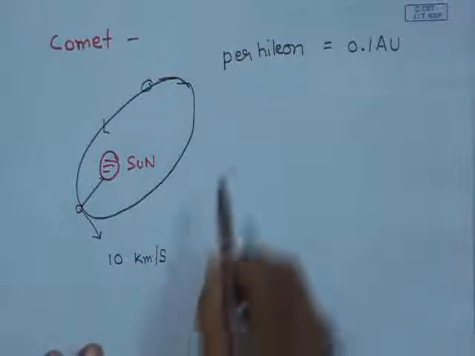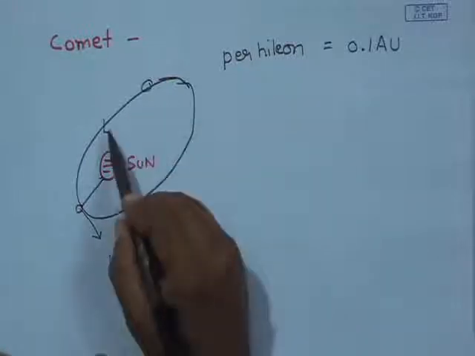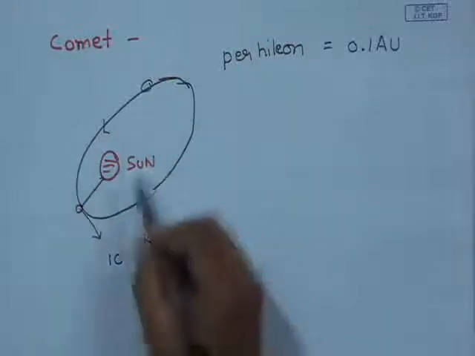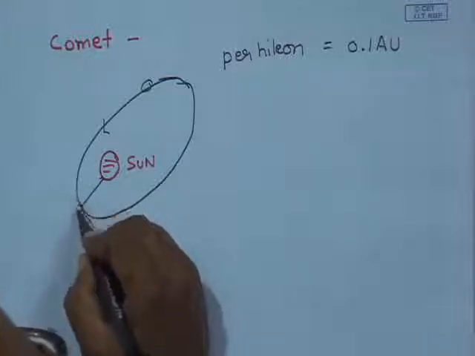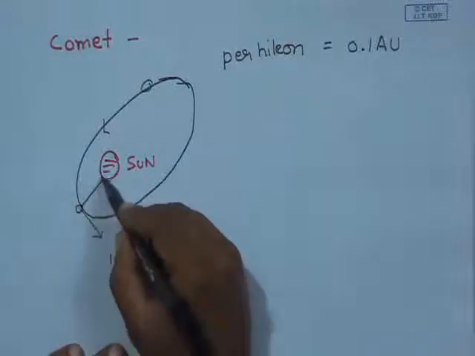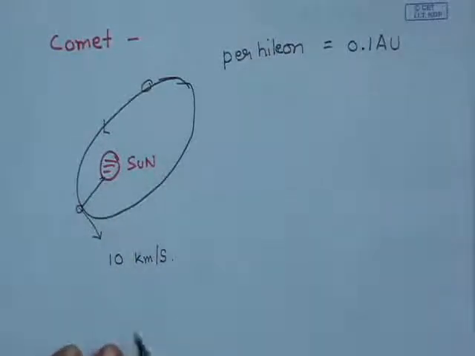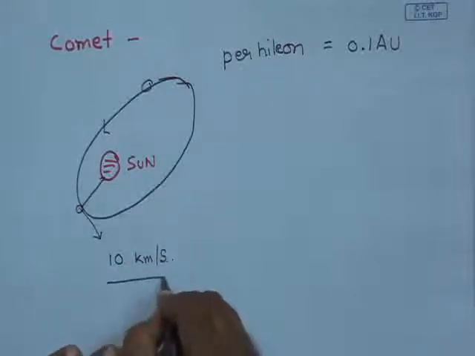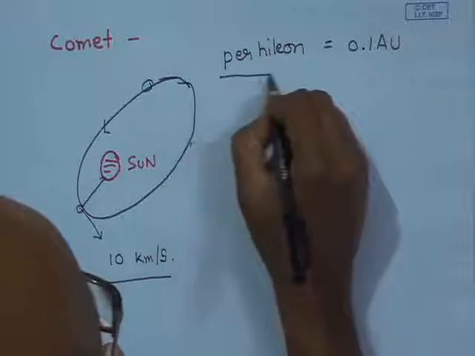So, this is observed. The comet is observed when it is closest to the Sun, that is when it will be very bright, and what is observed is the perihelion distance, 0.1 astronomical unit, and the speed, 10 kilometers per second. These are the 2 observed quantities for that comet.